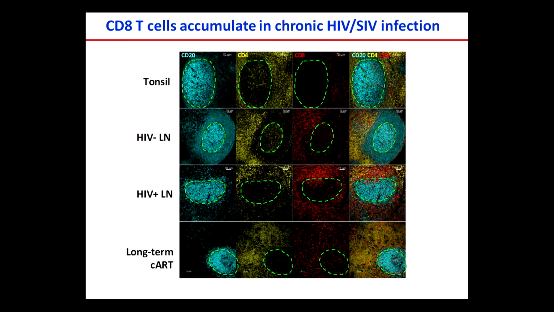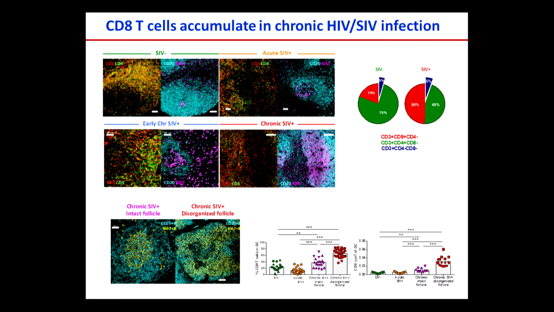You can do the same thing with SIV-infected monkeys. It becomes a little more difficult because we don't have a CD8 antibody that binds well for this type of analysis. So what you have to do is look for CD3 positive cells that are CD4 negative. The CD8 antibody works perfectly fine in flow cytometry, but not in confocal for some reason.